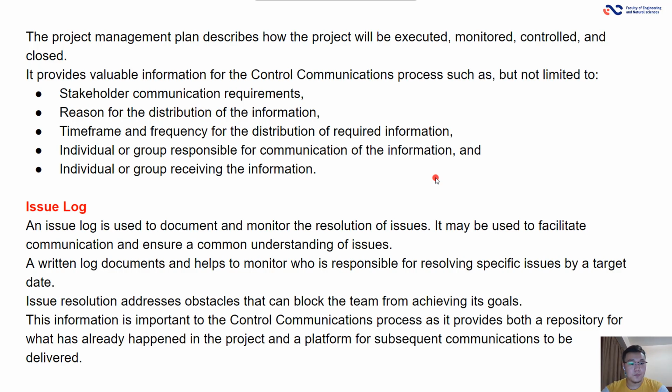Issue resolution addresses obstacles that can block the team from achieving its goals. This information is important to the control communications process as it provides both a repository for what has already happened in a project and a platform for subsequent communications to be delivered.